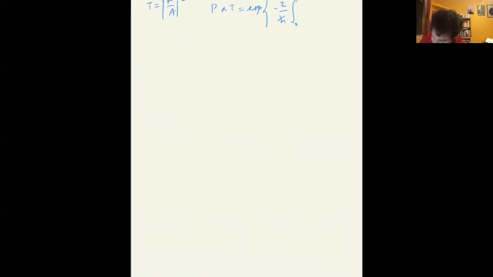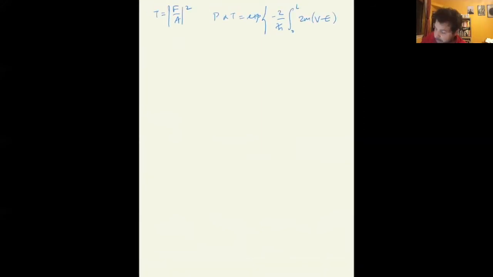Now, because the transmission is F over A, the probability, which is proportional to the transmission, is then proportional to the exponential of minus 2 over h bar, because of the square, times the integral from 0 to L of the momentum, which we are going to write as the square root of V minus the energy. Since this is the modulus, the potential is bigger than the energy in the forbidden region, so this quantity is positive definite.